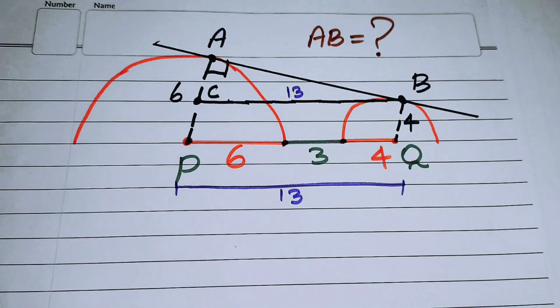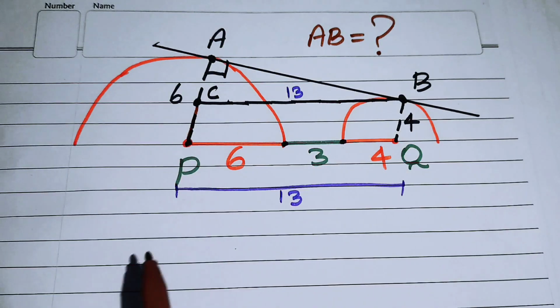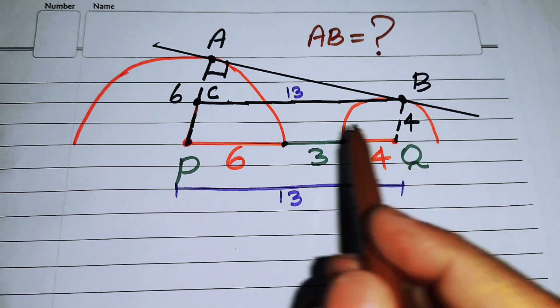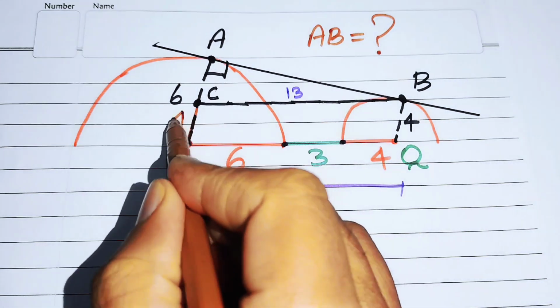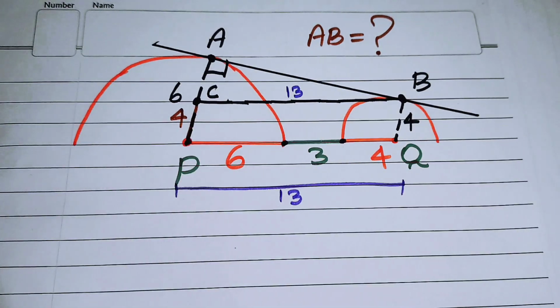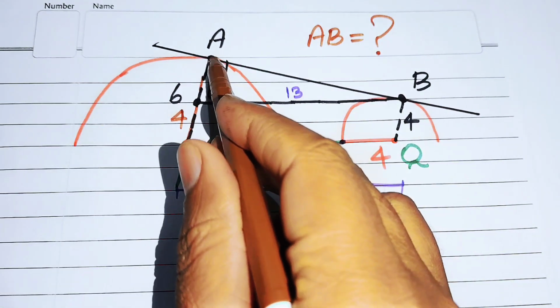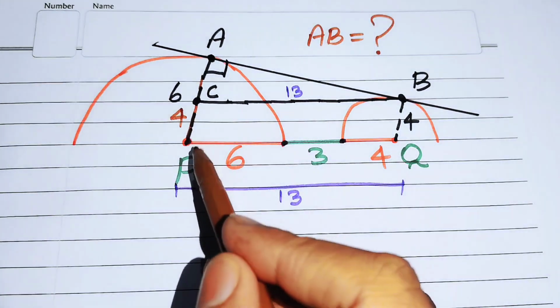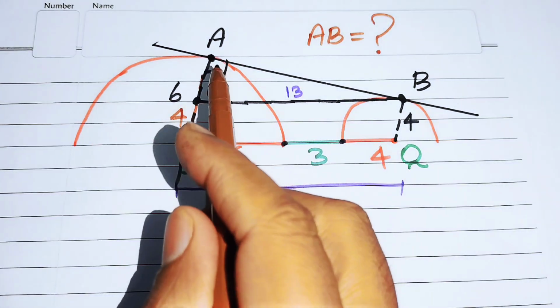In the next step, if I join all these points, you see that the distance BQ is 4, so this distance PC is also 4. In this diagram the total distance from point A to point P is 6 units, but the PC distance is 4 units, so we can easily find the AC distance.